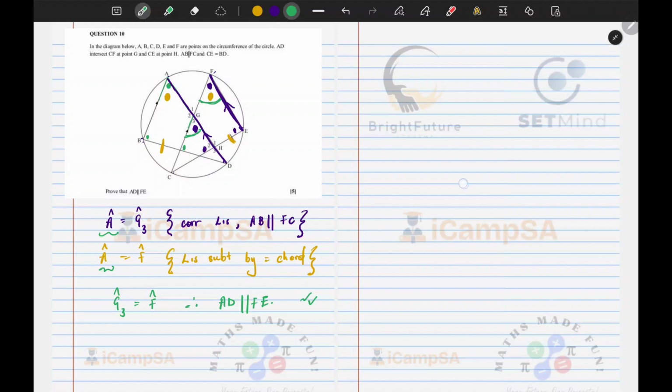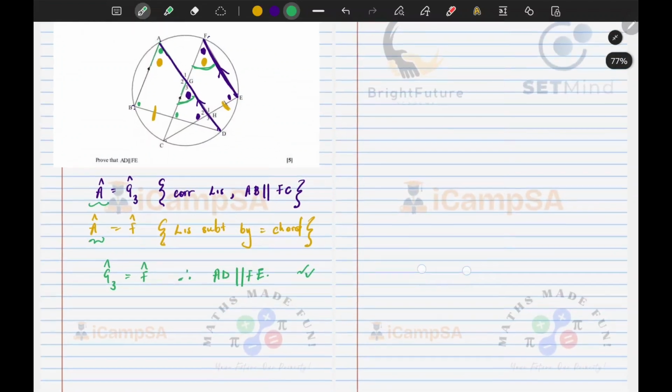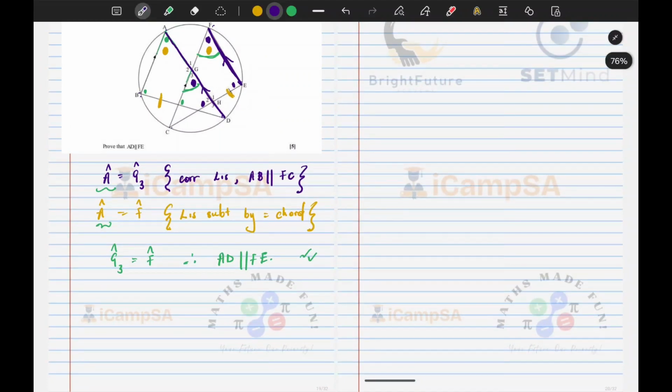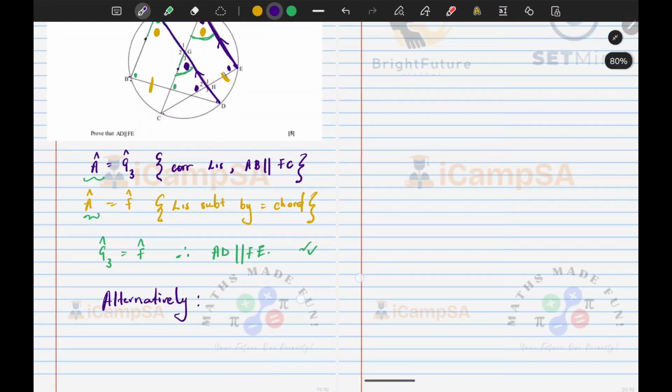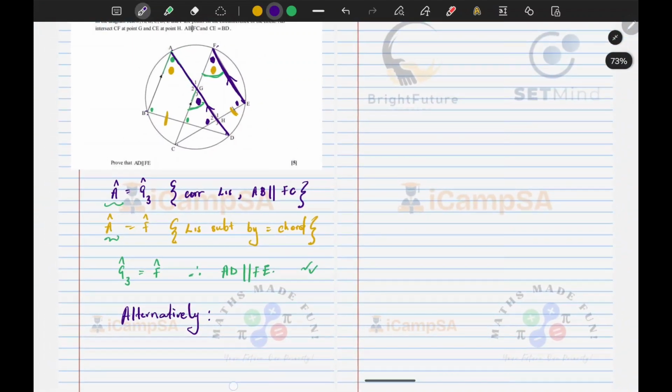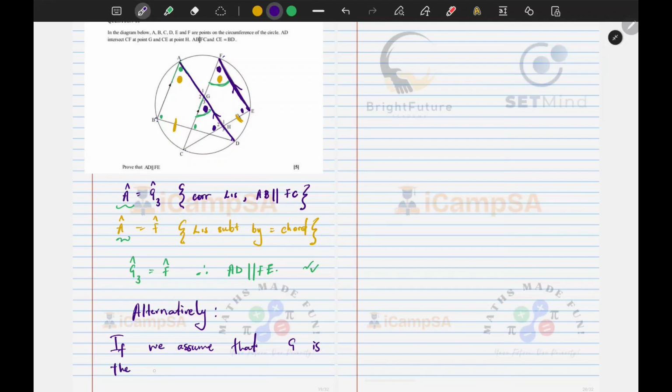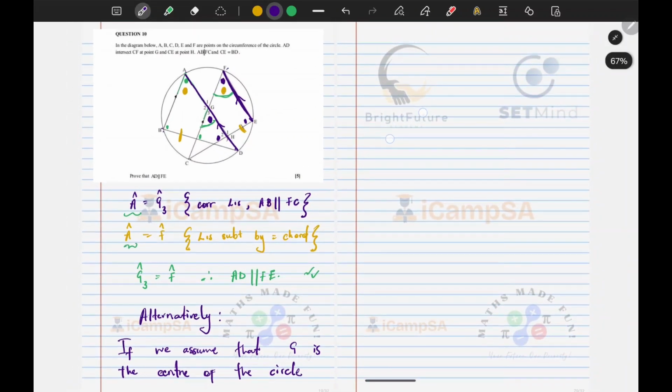So an alternate method: if we assume that G is the center of the circle.